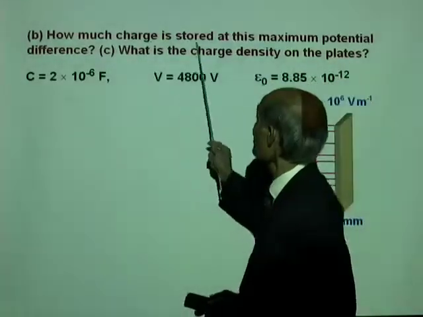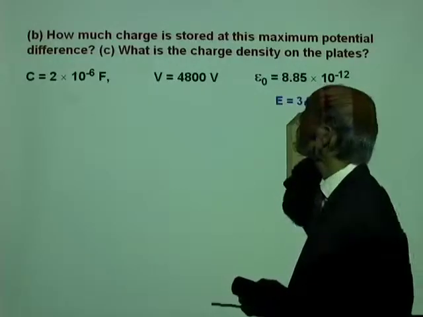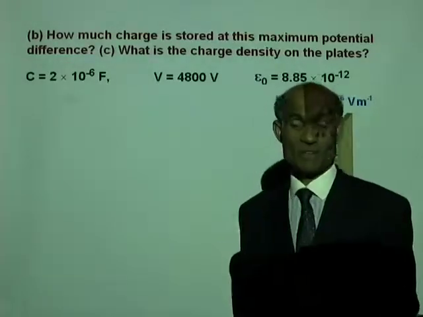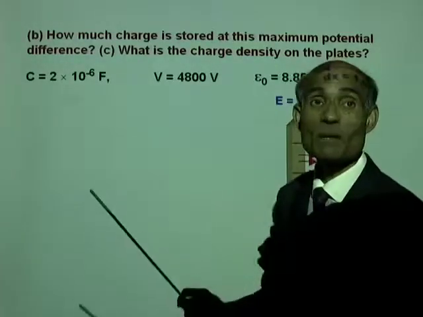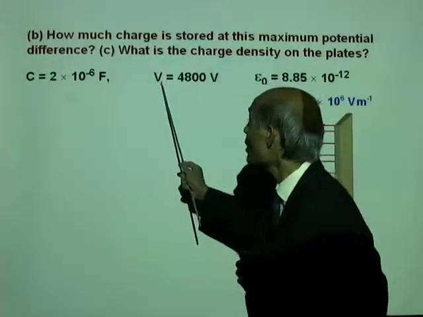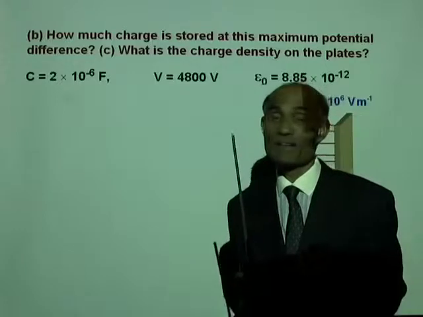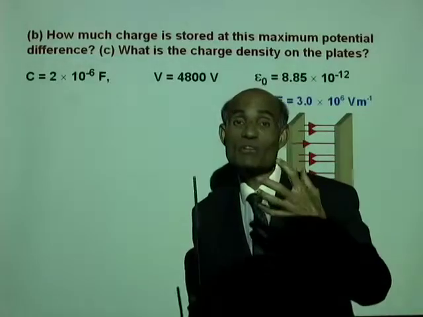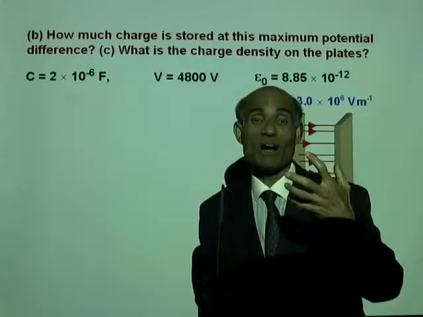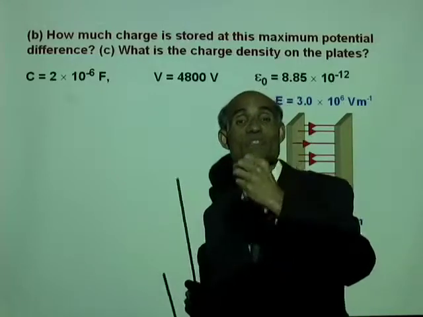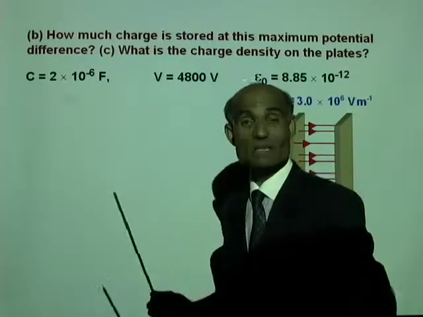How much charge is stored at this maximum potential difference? Well, we know the capacitance, we know the potential difference. Do we need anything else to calculate the amount of charge? Q equal to CV, is that right?